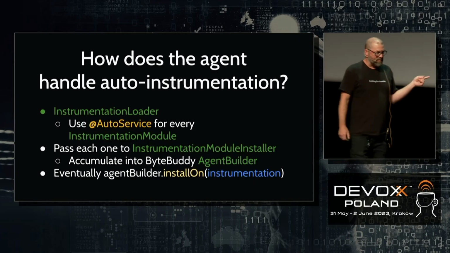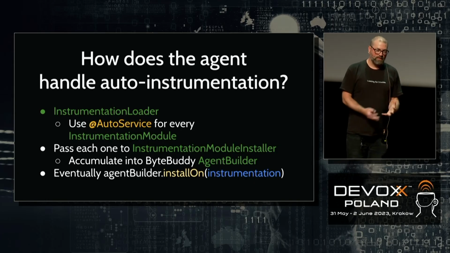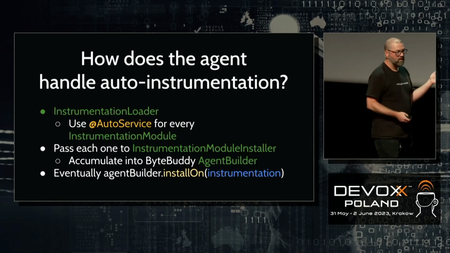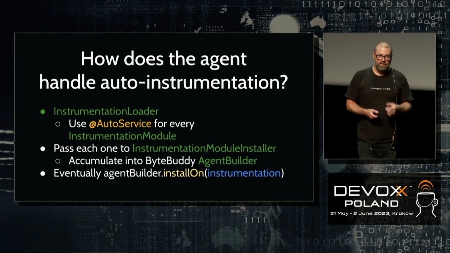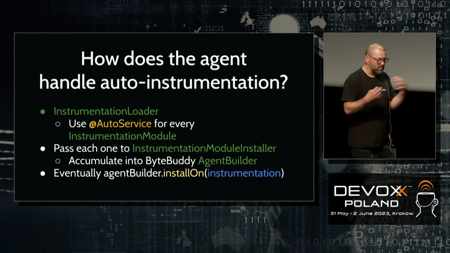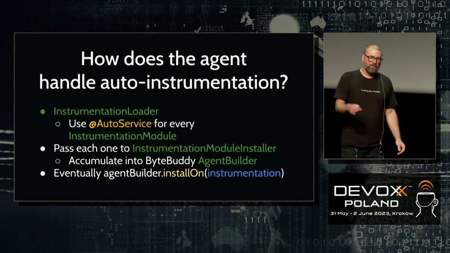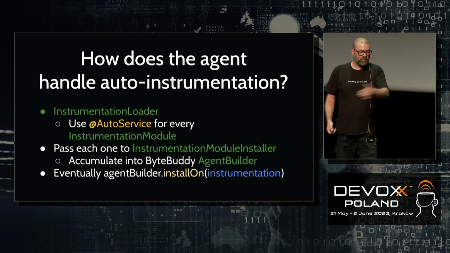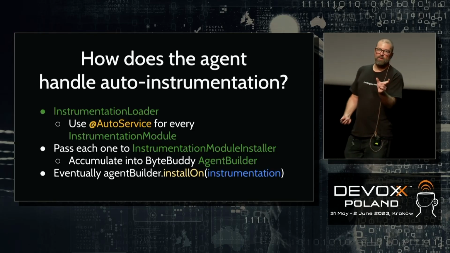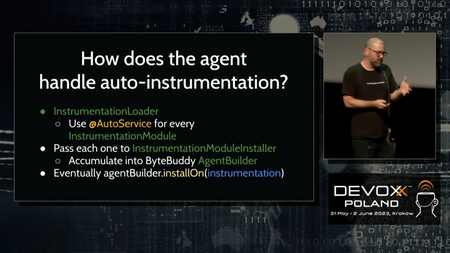And then it just so happens that we have an extension within the agent itself called the instrumentation loader. It itself is an agent extension, even though it's bundled, it's a bundled extension. We use AutoService to find every instrumentation module. That's the name for every group of instrumentation.